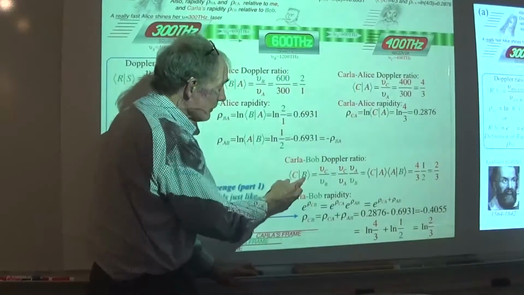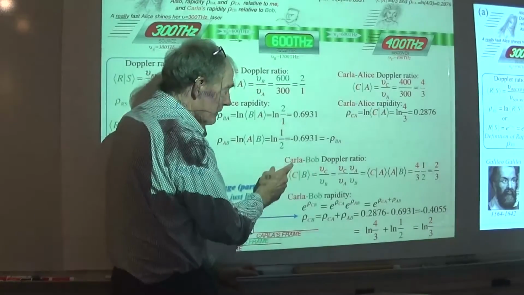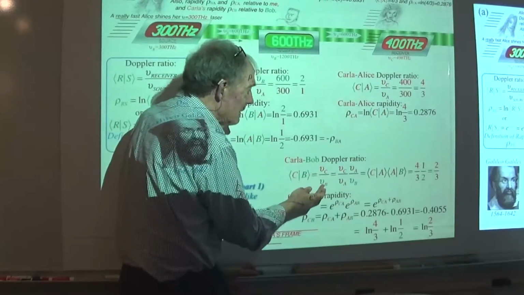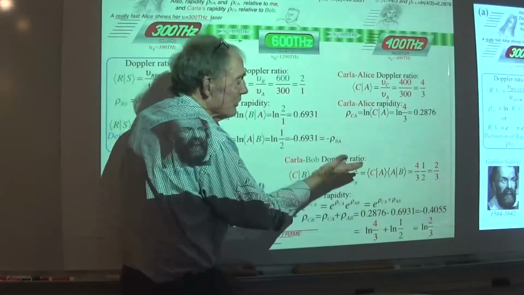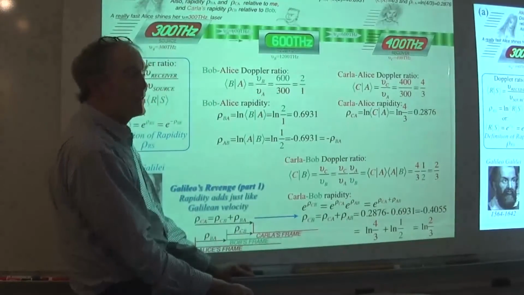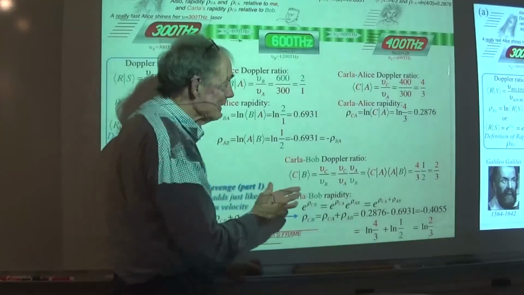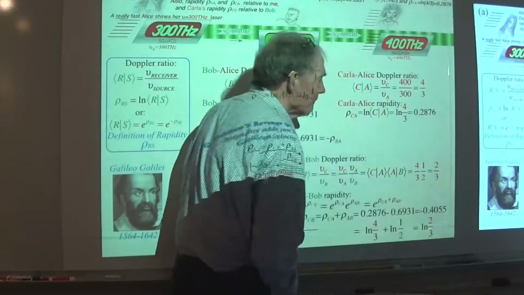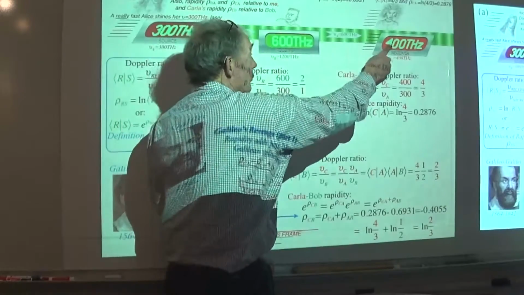Well, here's how I use that to get the Bob-Carla Doppler ratio. I just say, okay, I've got Carla over Bob. Well, let me just stick in Alice off the diagonal. This is our chainsaw sum thing again, but a really elementary version of it, right? Okay, so it's the product of these two. It gives me 2/3.